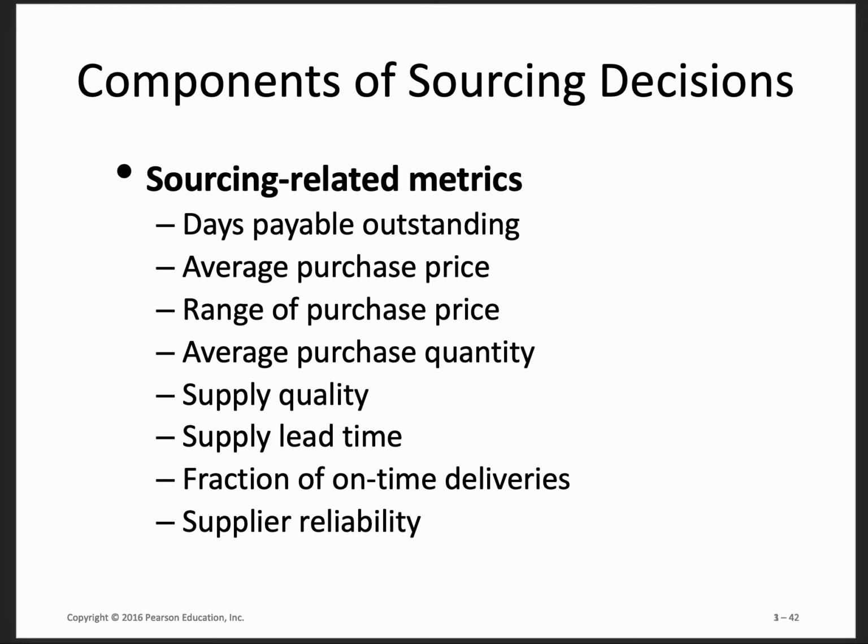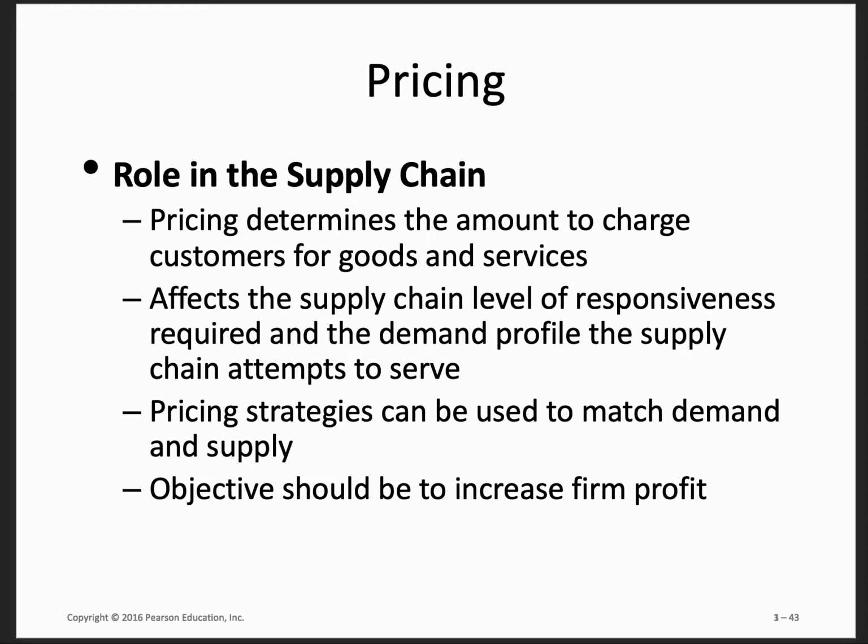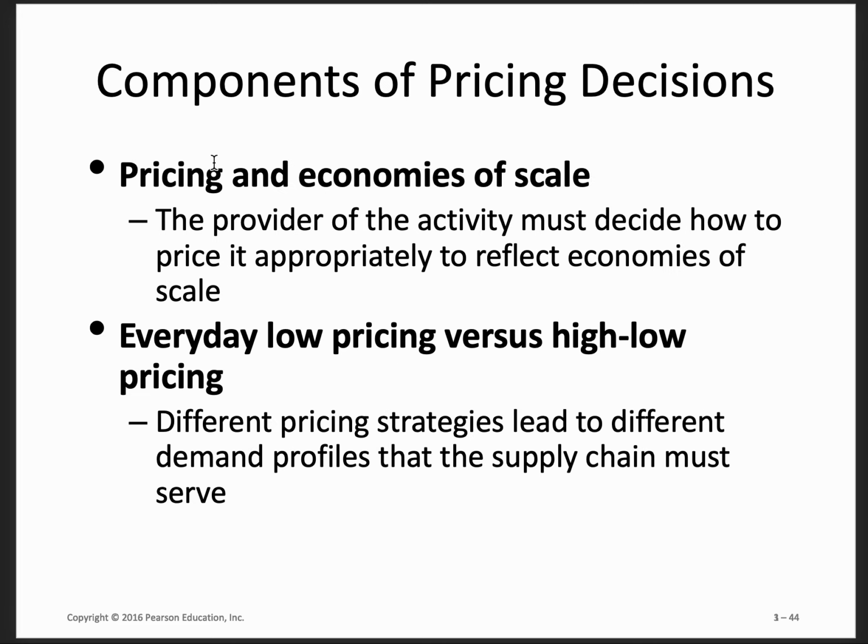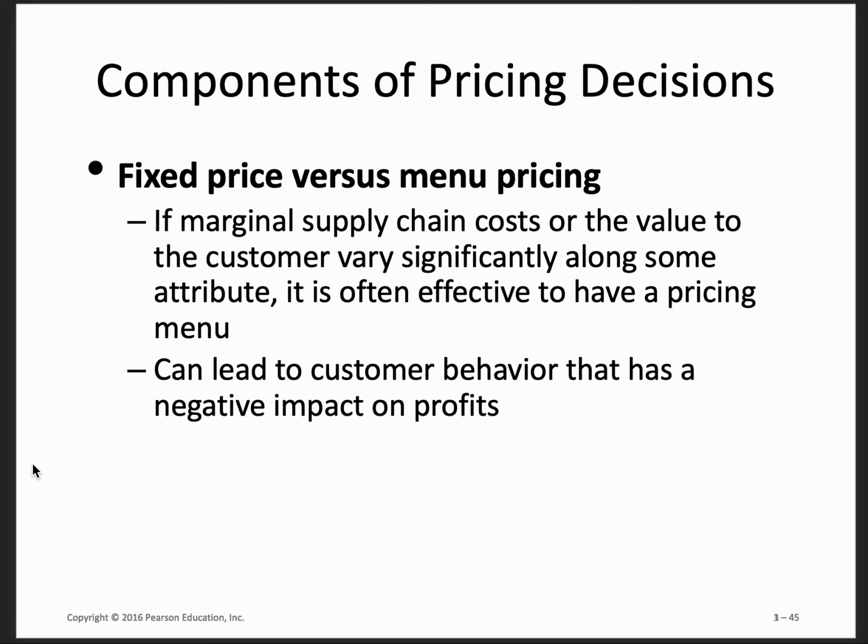Now finally, let's talk about pricing, and then we'll end with supply chain drivers. So pricing determines the amount to charge your customers, obviously, and the objective should obviously be to increase the firm's profit, and pricing strategy should be done in such a way that you can match supply with demand. This is crucial. Economies of scale, again, remember, you can get quantity discounts sometimes, so some of that affects the way in which you price your products.